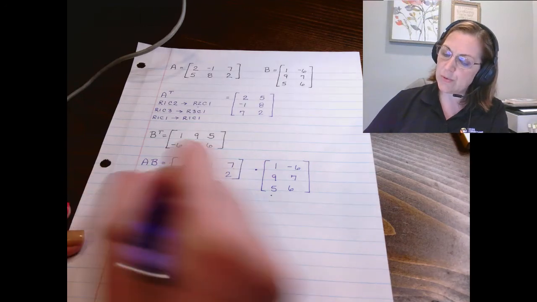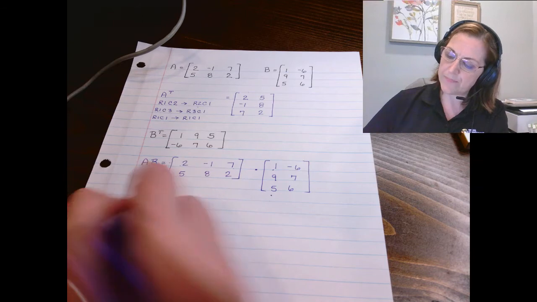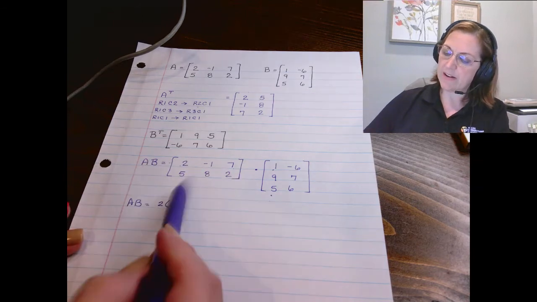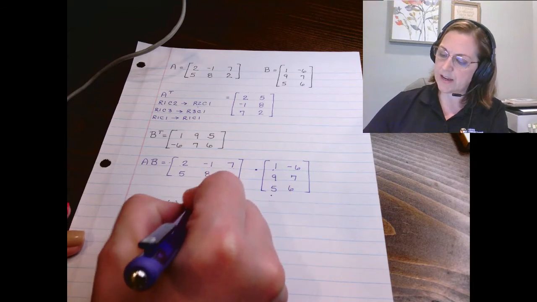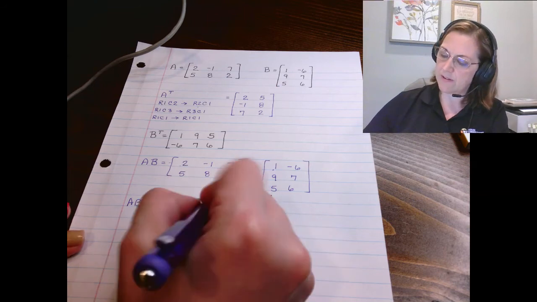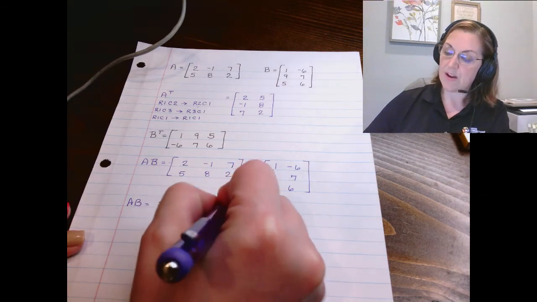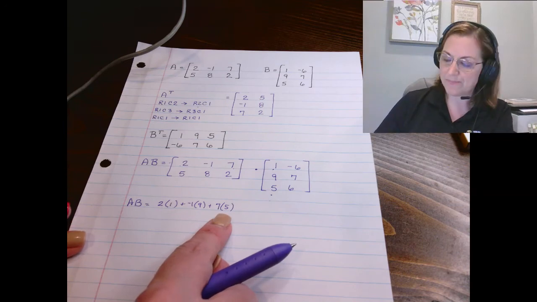I'm going to do 2 times 1. Then I'm going to add -1 times 9. Then I'm going to do 7 times 5. Now, whatever value I get here, that's going in row 1, column 1.